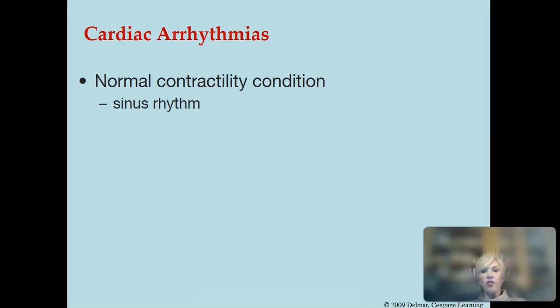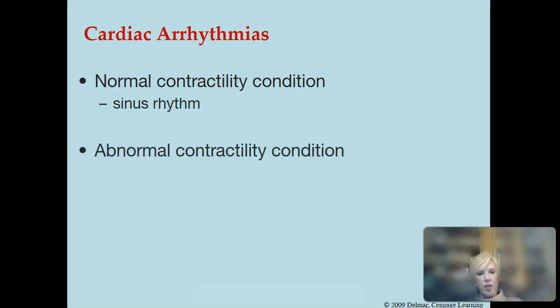It happens in the right atrium, which, if you remember, is the chamber that all the deoxygenated blood comes back to through the superior and inferior vena cava. It's called the SA node, and that's part of the electrical system of the heart. But all you need to know for our purposes is that a normal heart rhythm is called a sinus rhythm.